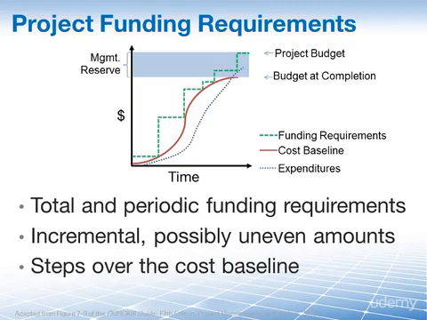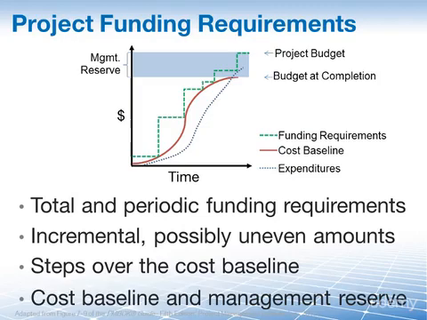The cost baseline considers expenditures and expected liabilities. Funds required include the cost baseline and the management reserve. Obviously, for the exam, you're not expected to draw a graph like this one, but you should understand what cost baseline, expenditure, budget, management reserve, and funding requirements all mean and how they relate to each other.